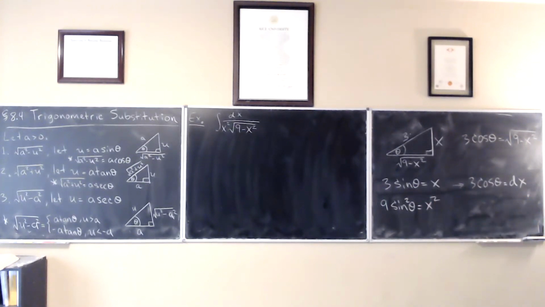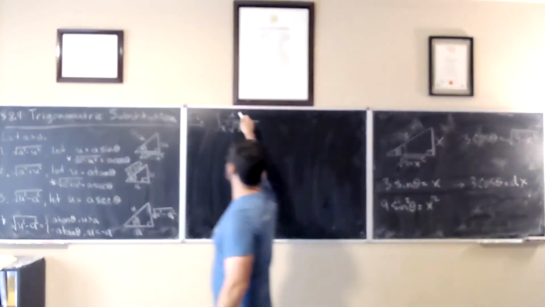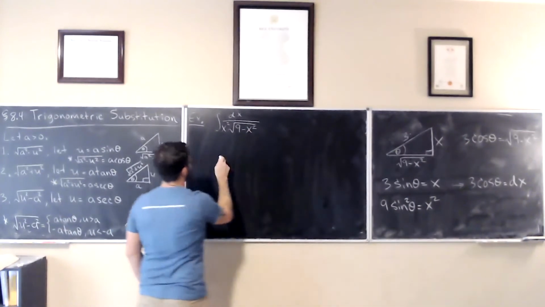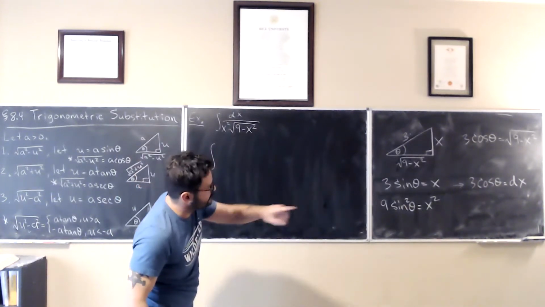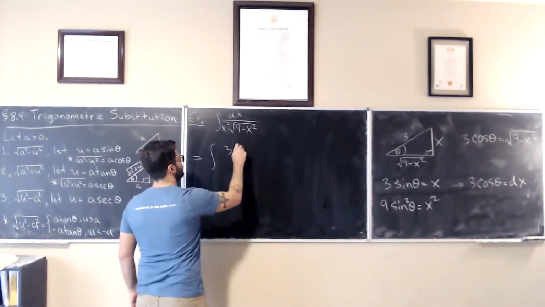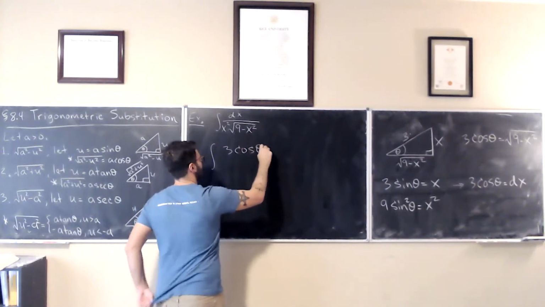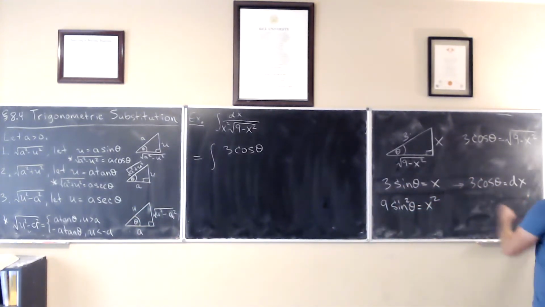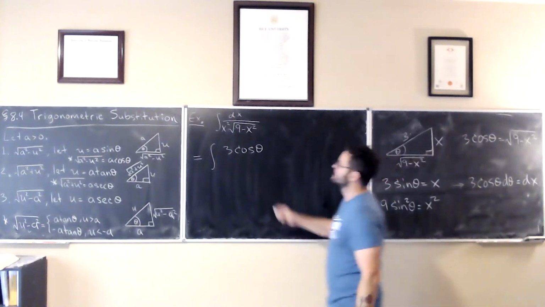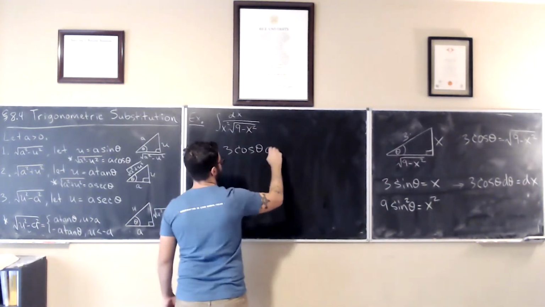Take the derivative on both sides here. So I think I have all the things to replace each x here. So what's dx? When I took the derivative on both sides, I should have had my d theta here. I was missing that. So dx is equal to 3 cosine theta d theta.